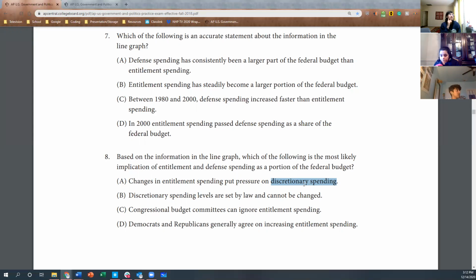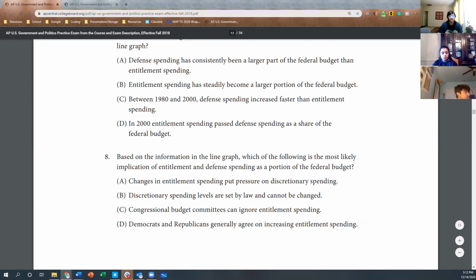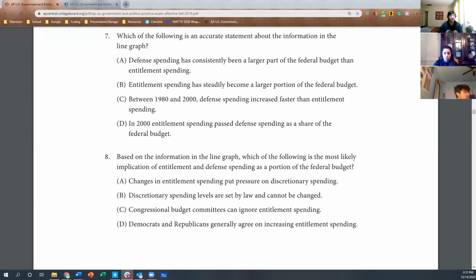Entitlement spending is money that people are entitled to, so the government has to pay them, like Social Security. That's why it's an entitlement program. But discretionary spending is something they can use to their discretion.